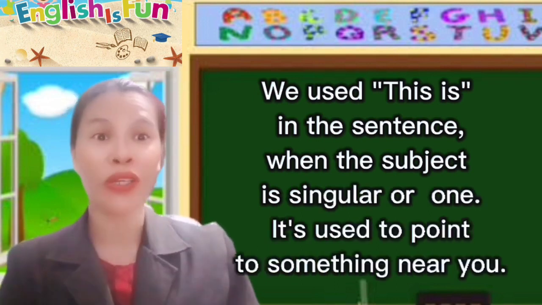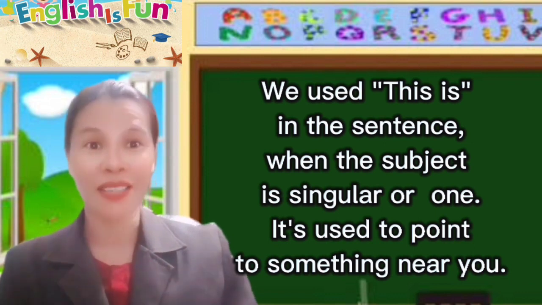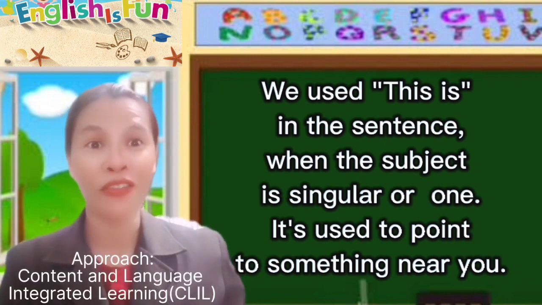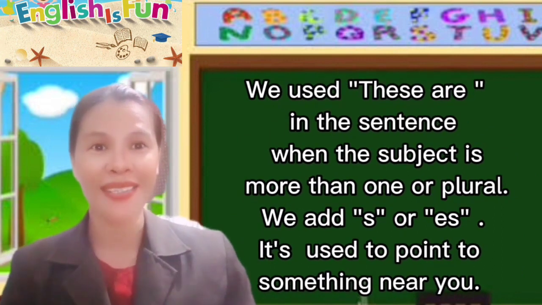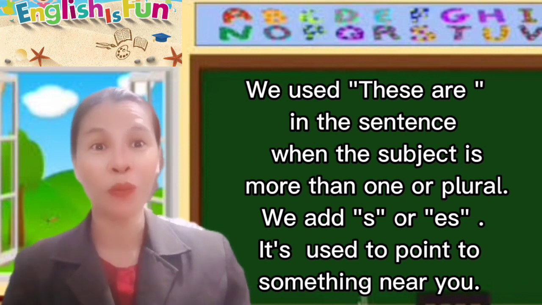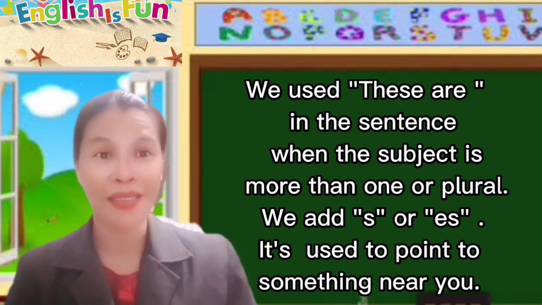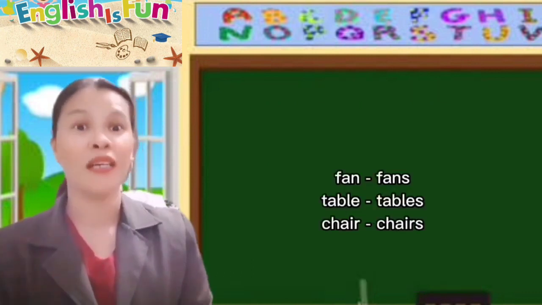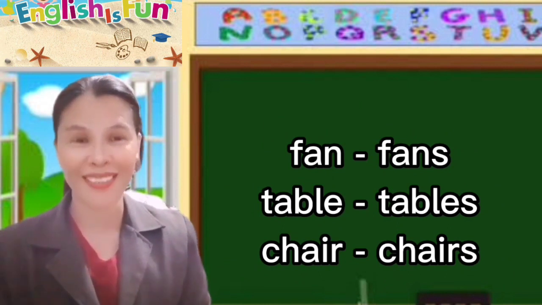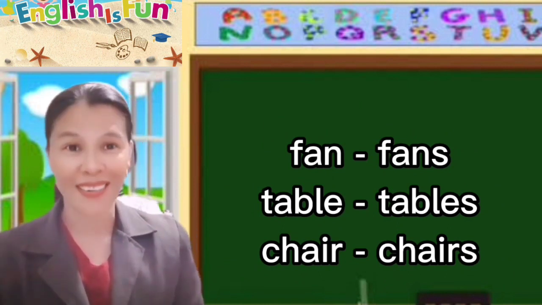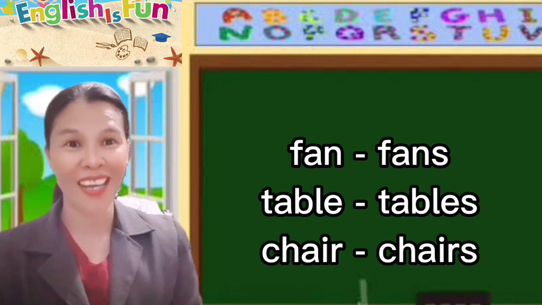We use this is when you point to something near you. We use these are when the subject is more than one, or plural. We add s or es at the end of the subject. Like fan, fans. Table, tables. Chair, chairs. Do you get it?